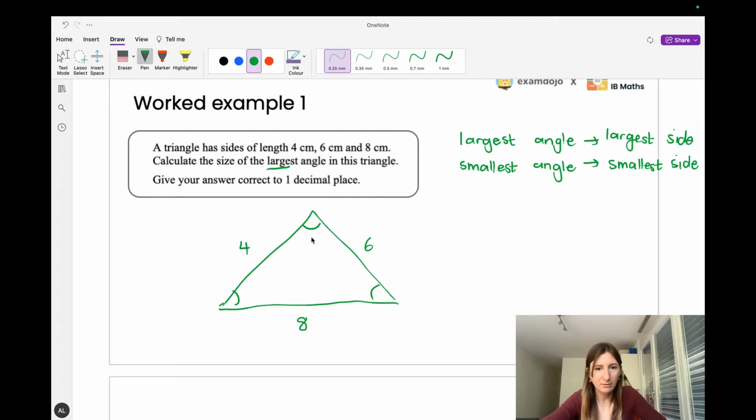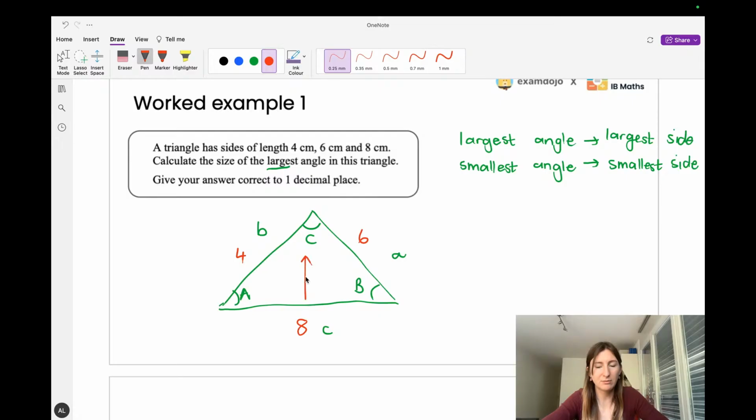I'm going to call this C, and A, B. So this is B. I probably made this way too confusing with all the different colors. Let's put them in a different color. Okay, so I know now 8 is my largest side, so I want to know angle C.